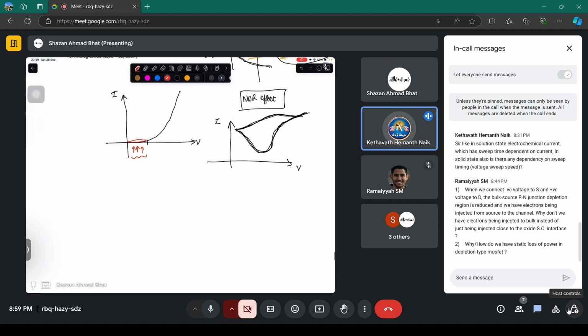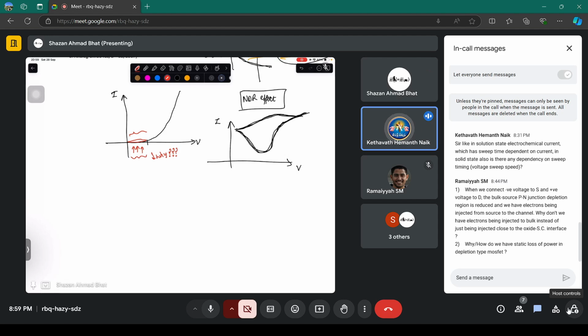I read in one book, the Puri Babbar book, that they mentioned a small positive slope, and then it has negative resistance by negative slope. Why does that happen?